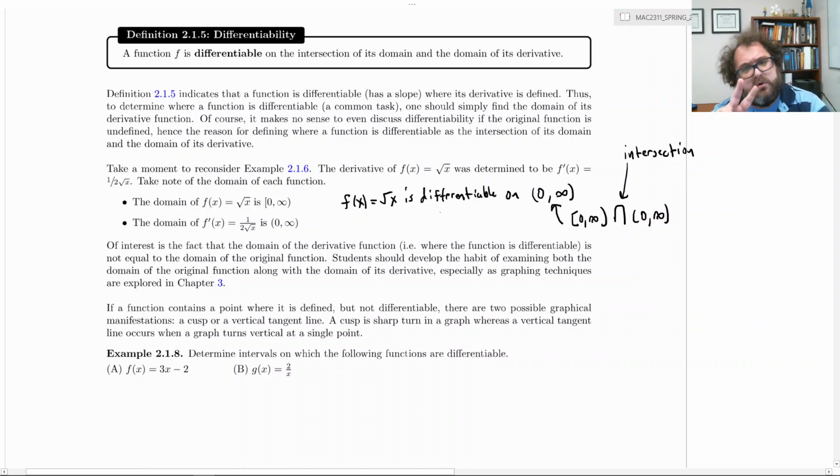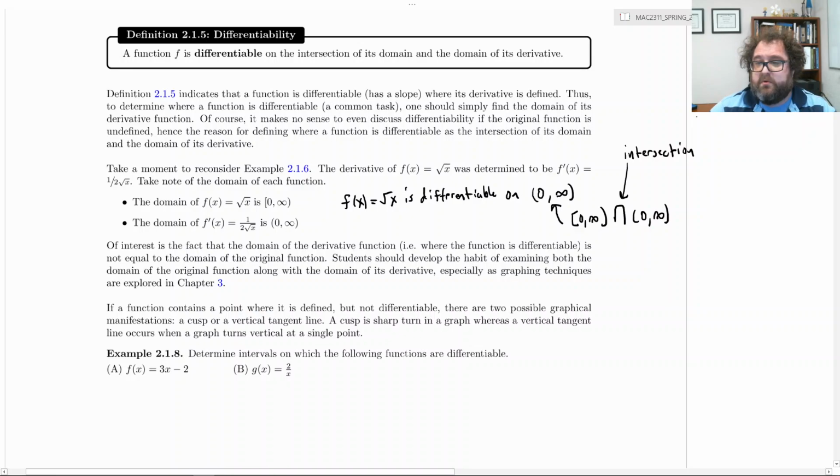Assuming the function is defined, so there's no discontinuity there, if the function is not differentiable but the original function is defined, you're either going to have a vertical tangent line or you're going to have a cusp, a sharp turn. Turns out you have a vertical tangent line here because the function turns vertical.